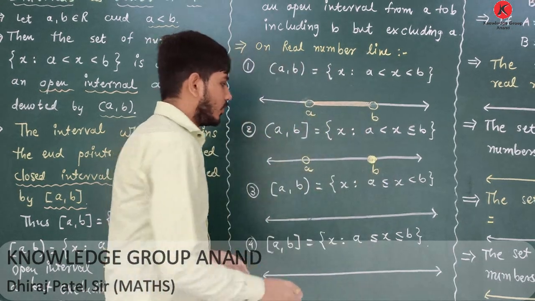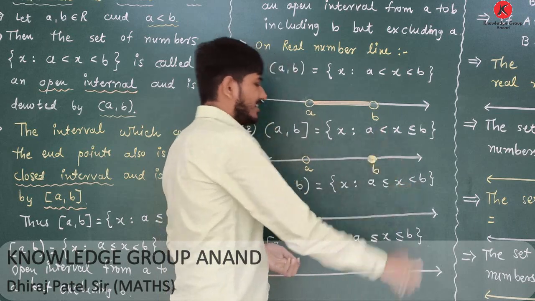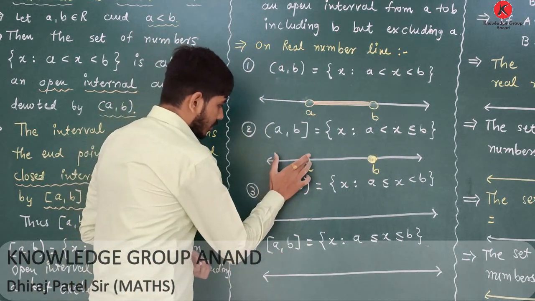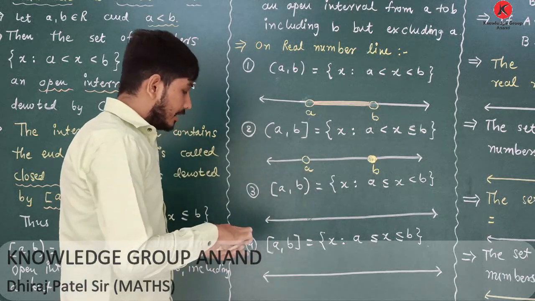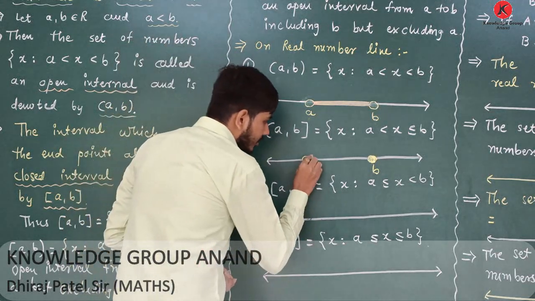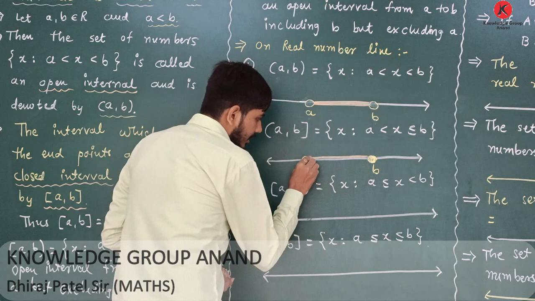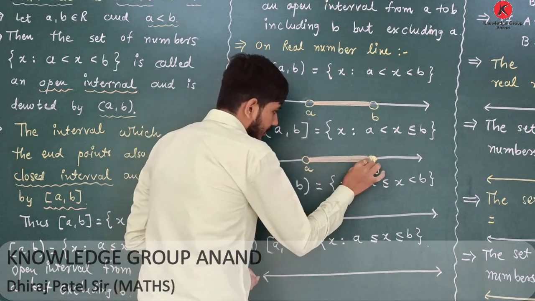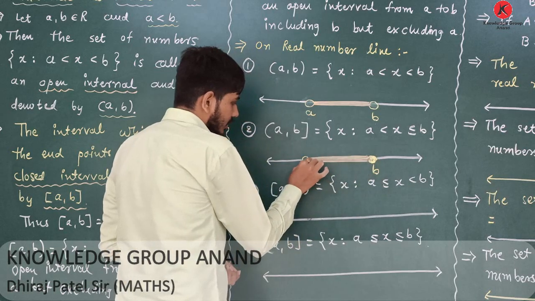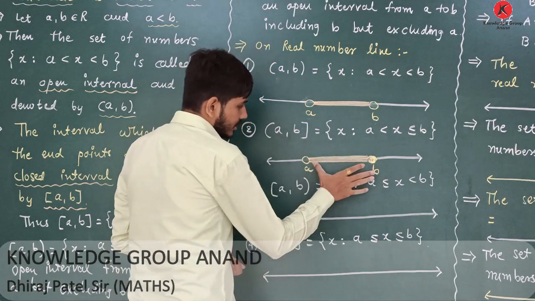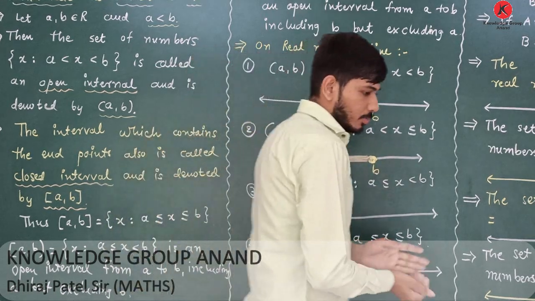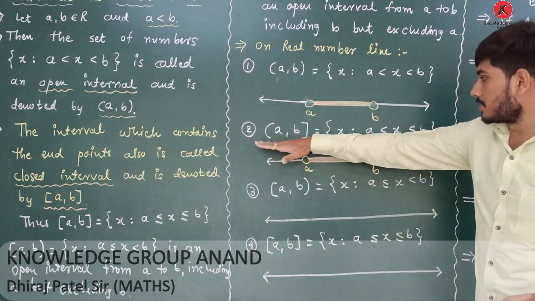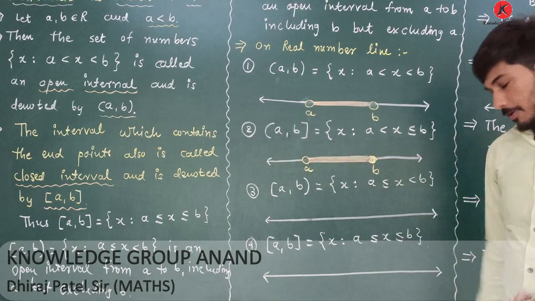The dark circle for B represents that B is included. All the real numbers between A and B are also included, so this portion on the number line represents the interval A to B.